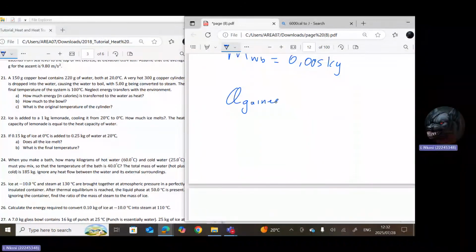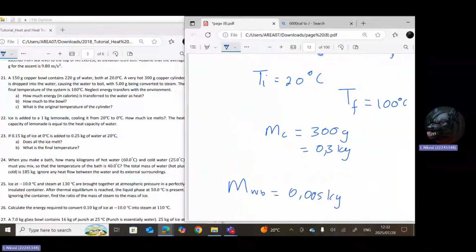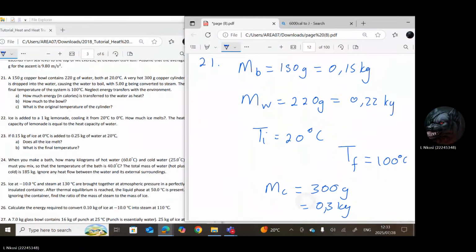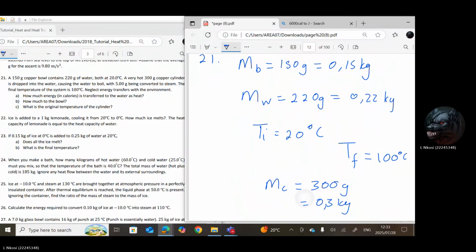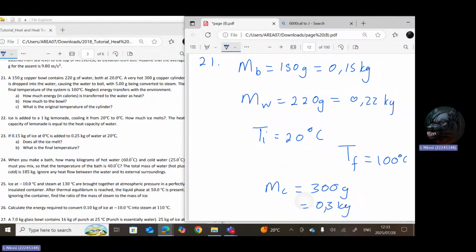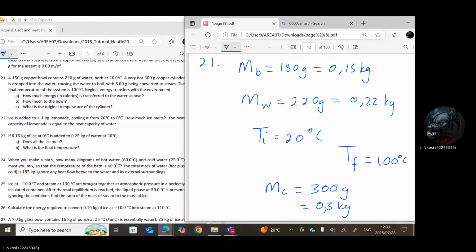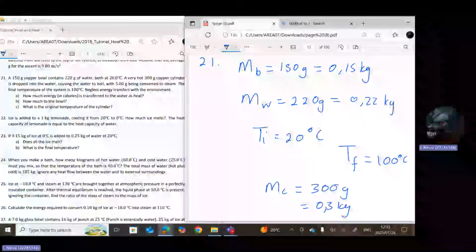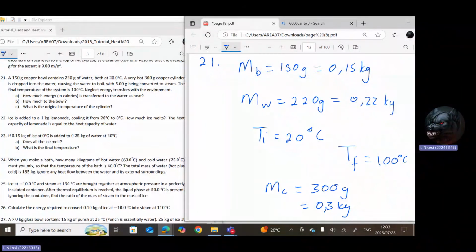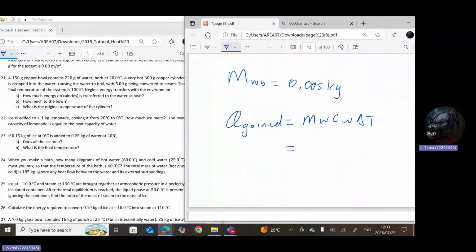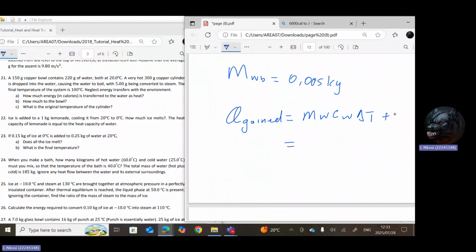Heat gained by the water is the mass of the water, C for the water, change in T. But then the water gained two types of heat. It started from 20 to 100, and then 5 grams boiled. So I have to include plus m L, the latent heat of vaporization of the water.